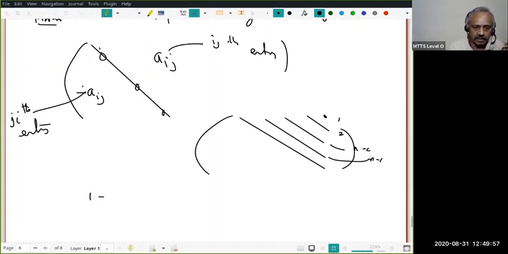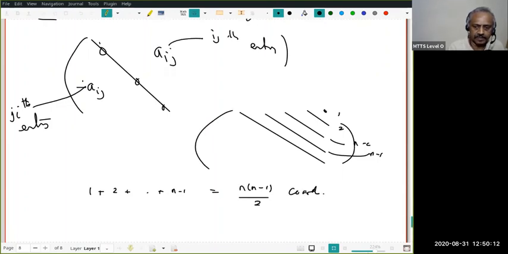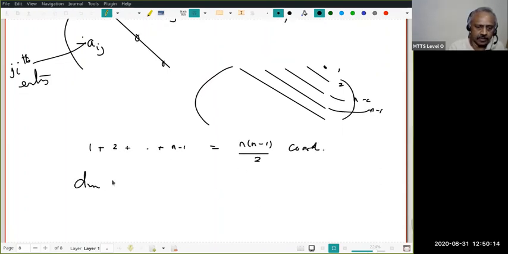I need here n minus 1, then n minus 2, up to 2 and 1. Okay, these many coordinates are needed. This I know, n into n minus 1 by 2. So I need these many coordinates. Therefore, dimension of W1, I should suspect, should be n into n minus 1 by 2.